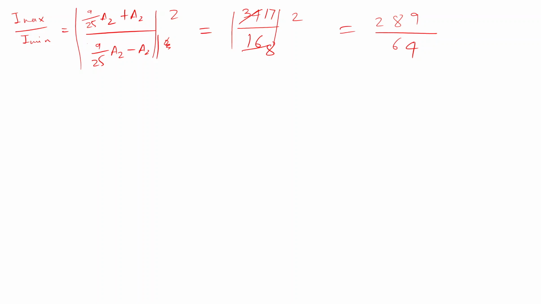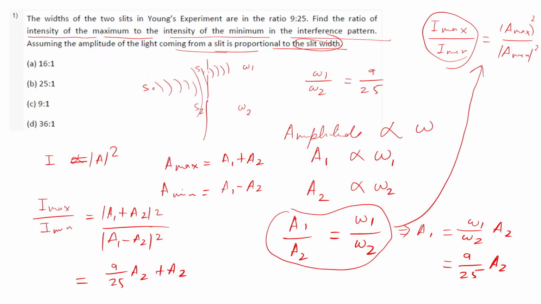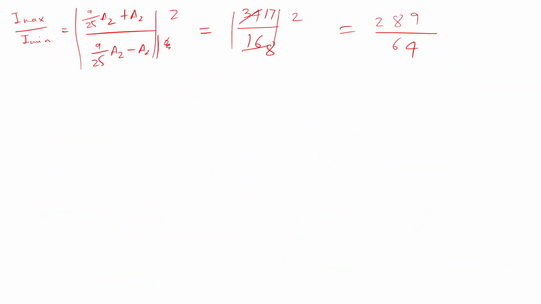Where did we make the mistake? So W1 by W2 is given to be 9 by 25. The amplitude of light coming from a slit is proportional to line width. Intensity we know is proportional to amplitude square. Let us do this again.